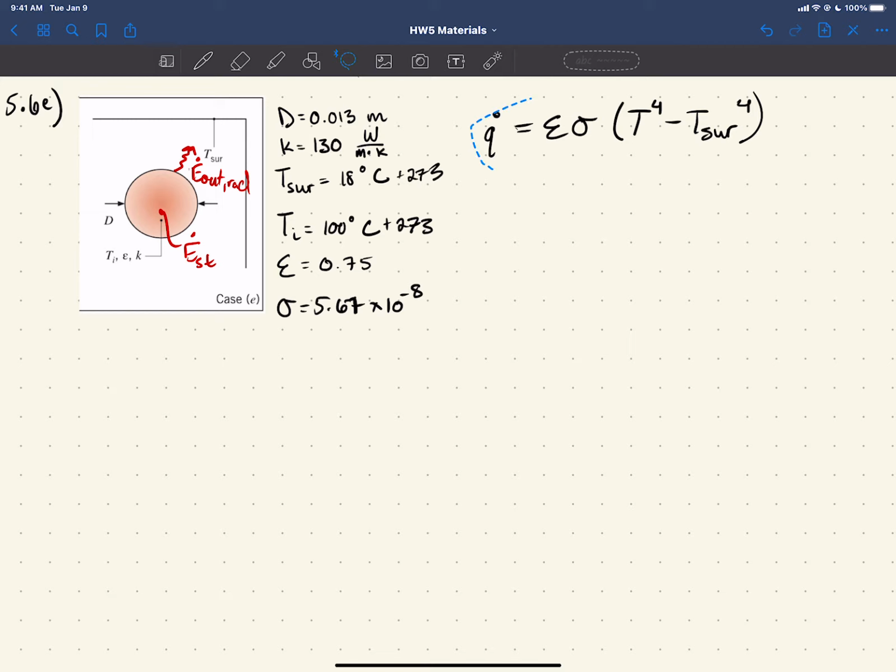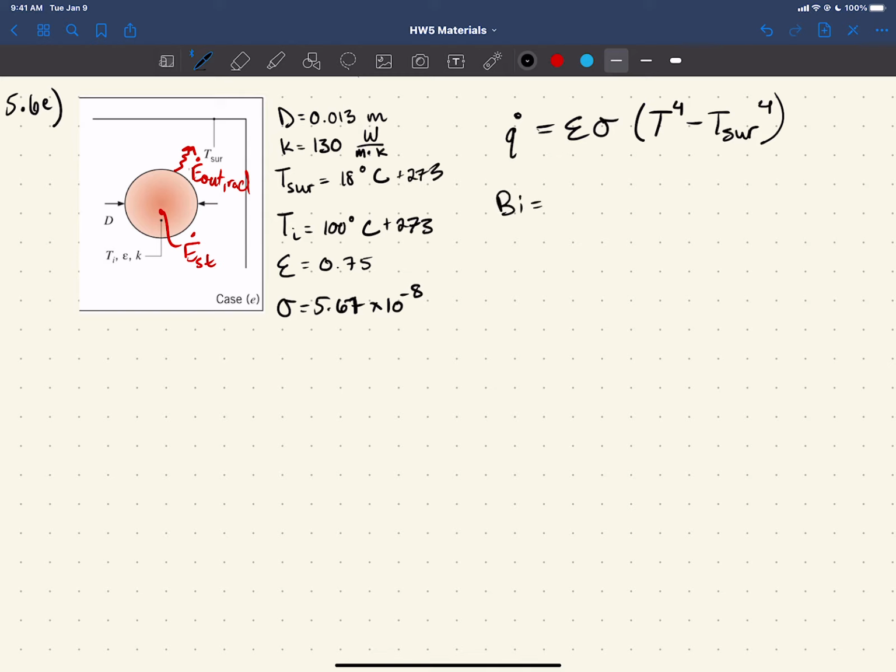Okay, so this is the Q dot. Our Biot number is H LC over K. Now we're wondering what to do, because we don't have an H; we're not dealing with convection. But there's a clever trick he showed us.